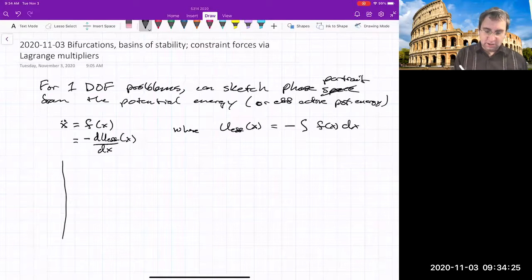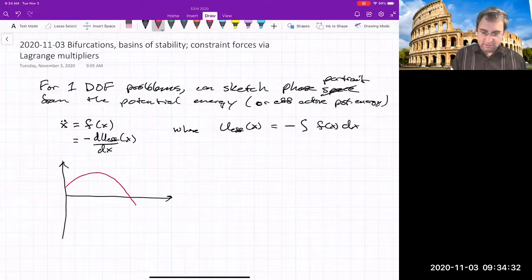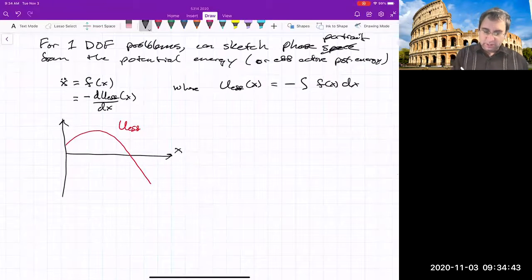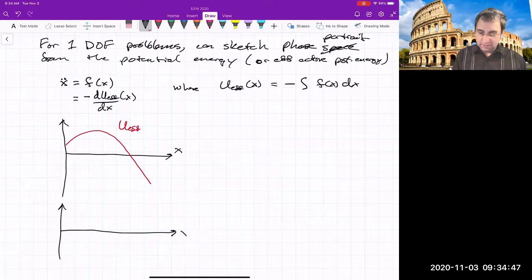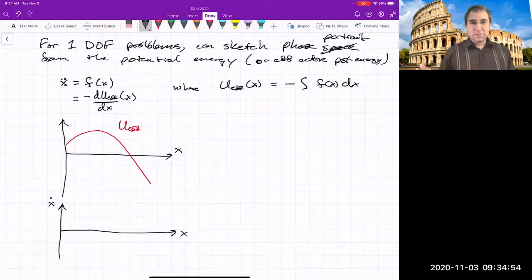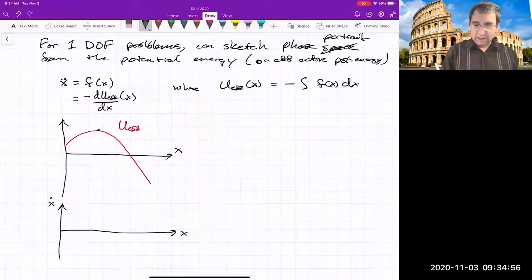So if we had a potential energy that looked like, I don't know, something like this, where this is our variable x, and this is our effective potential energy, directly below, this is like a graphical method. We know that the hilltops of potential energy are saddle points.